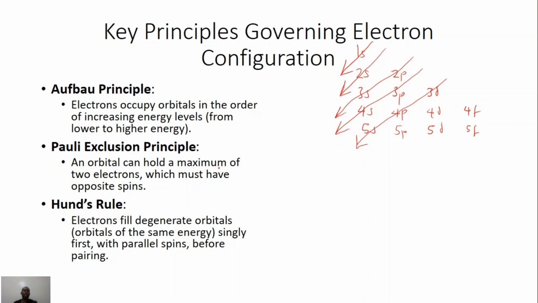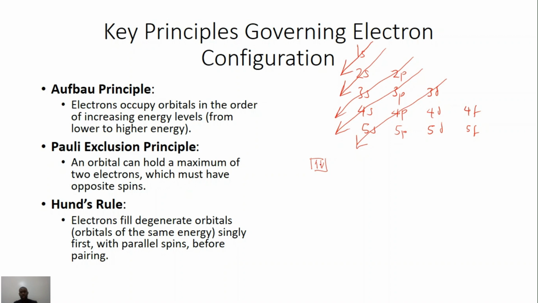The other principle that you need to follow is that an orbital can hold a maximum of two electrons, one spinning up and the other spinning down. That's what Pauli's exclusion principle says. No two electrons will have the same electron configuration.